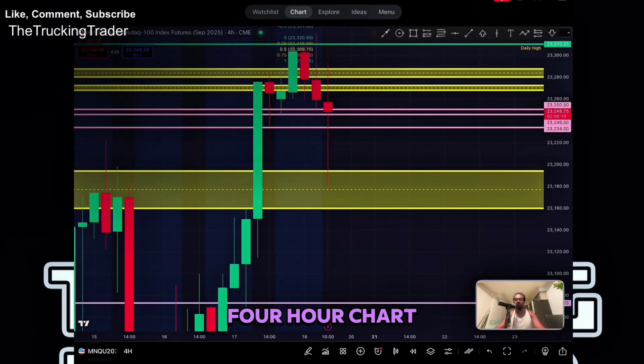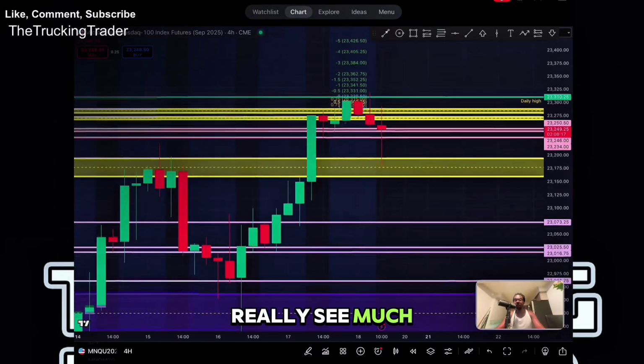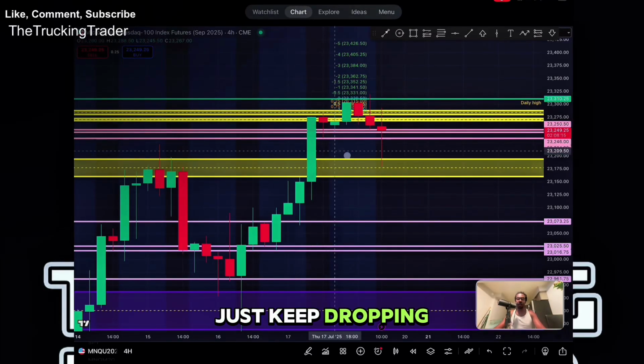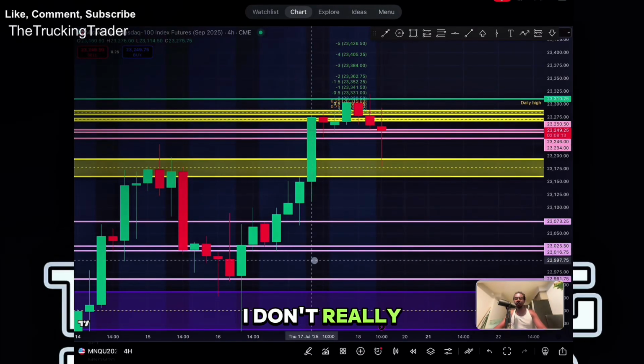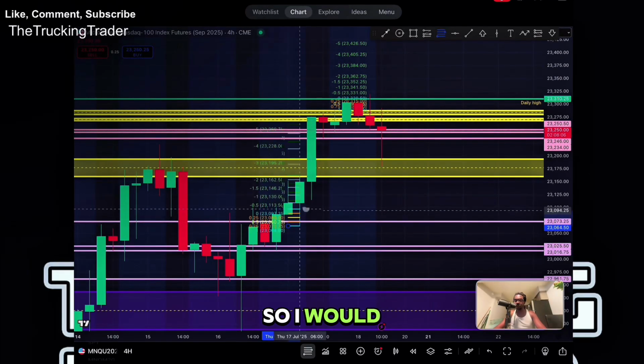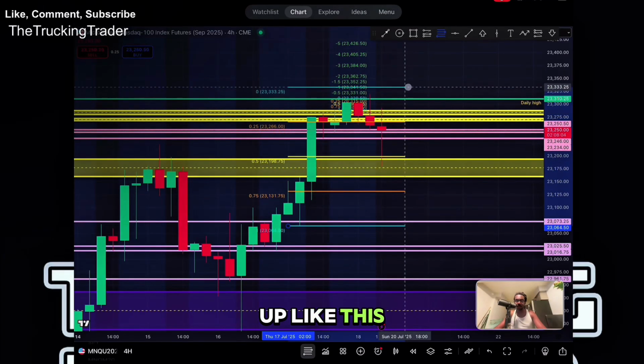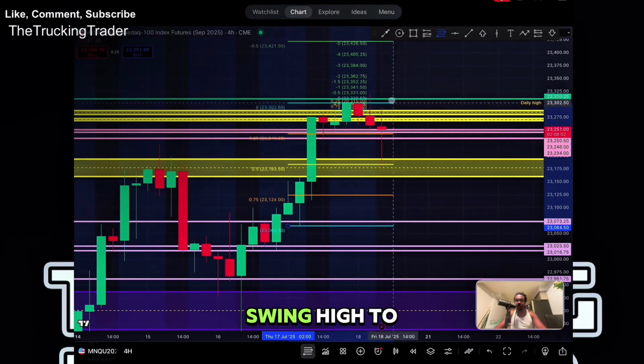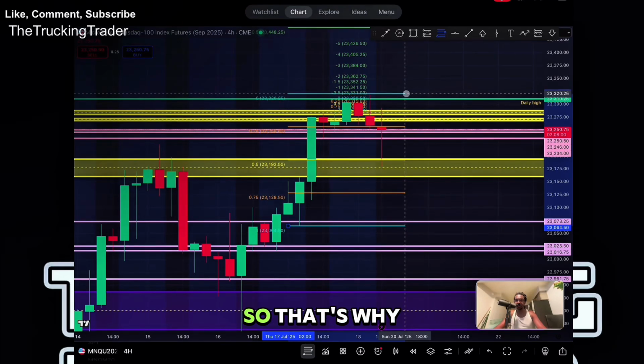If I go into my 4 hour chart and I don't really see much, I just keep dropping down, right? So right now I don't really see too much on my 4 hour besides we do have a swing low right here. So I would drop my fib up like this, but we don't really have a swing high to attach it to just yet. That's why I said I don't really see anything on my 4 hour, right?